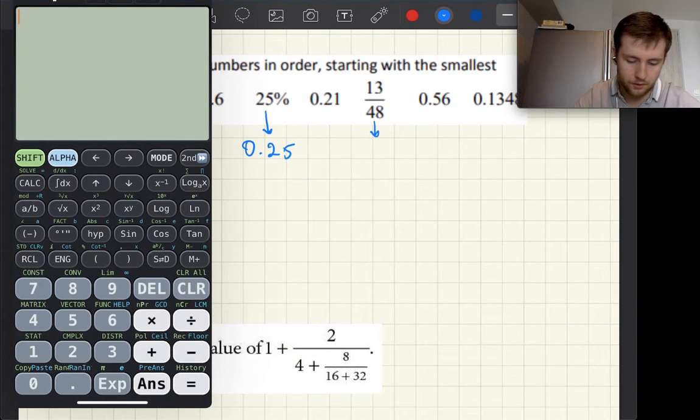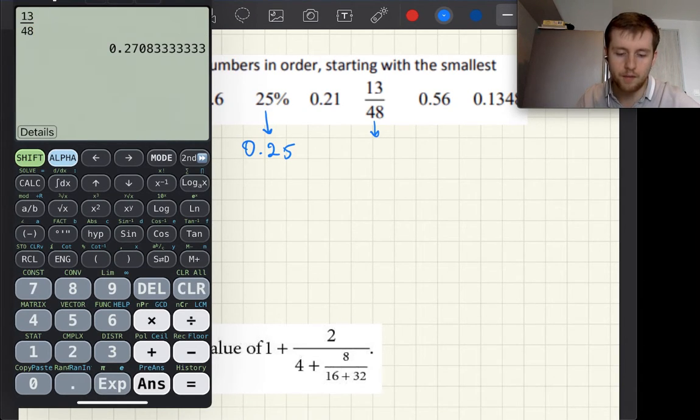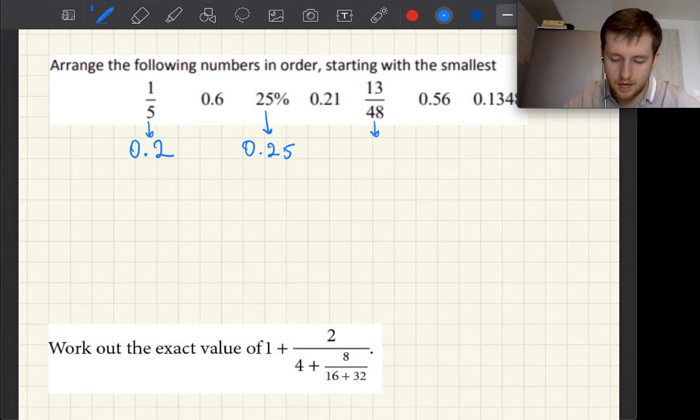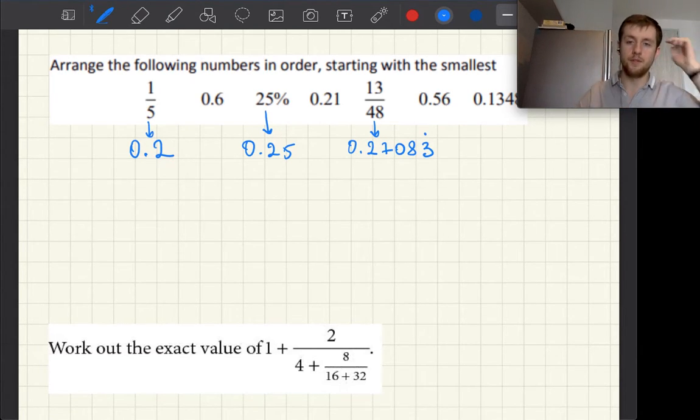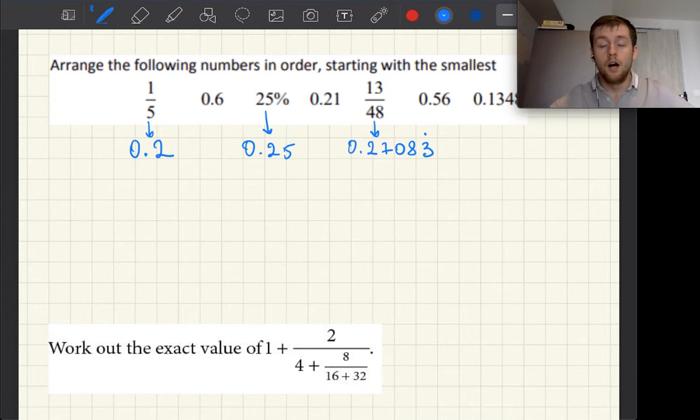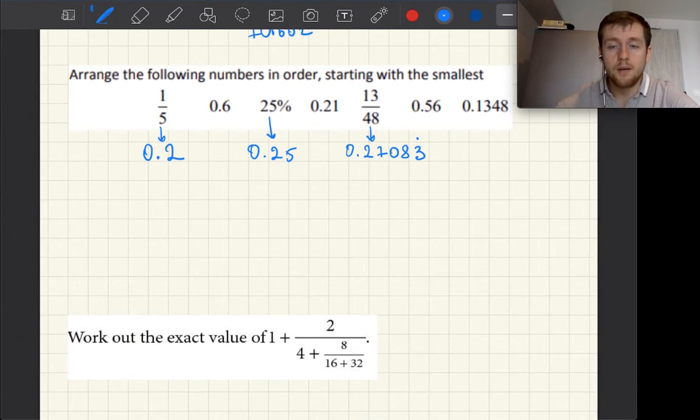So let's do this. 13 over 48 becomes 0.2708, and 3 repeating, like this. Now we can just take a look at them and compare these numbers.